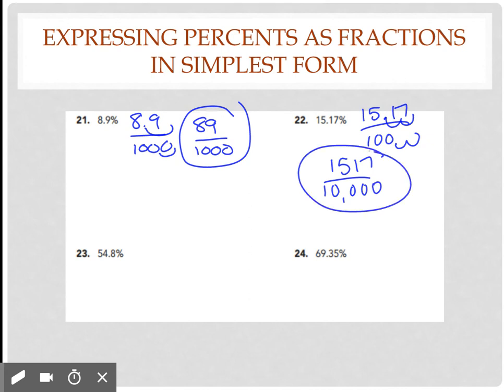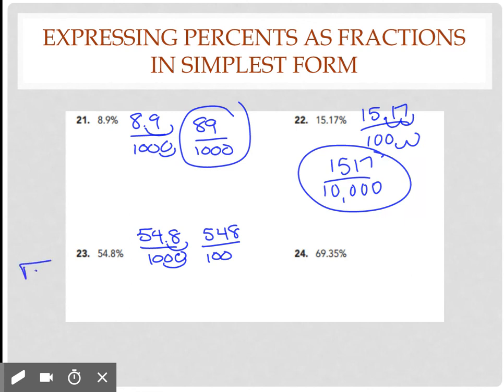And then 23, you should have done 54.8 over 100. And after you moved your decimals, you would get 548 over 1,000. This one can be simplified more. I'm going to start by trying to divide by 4.